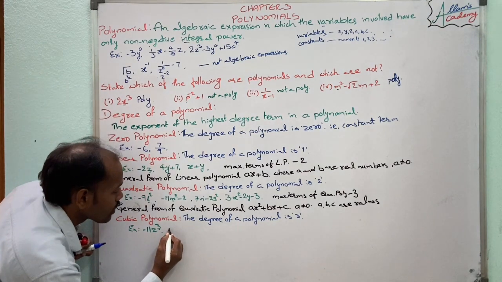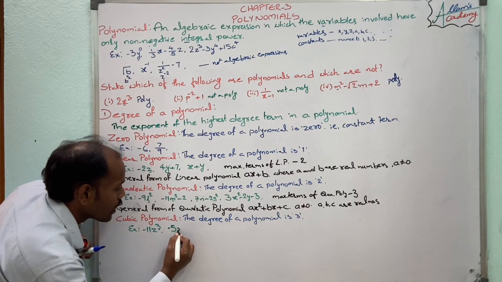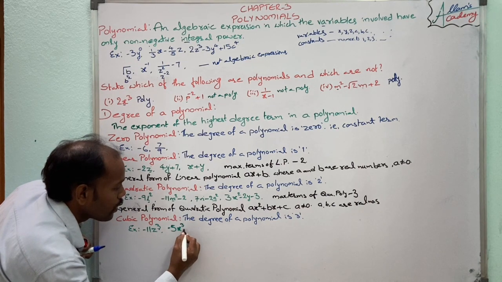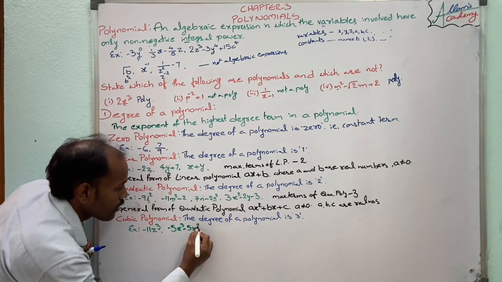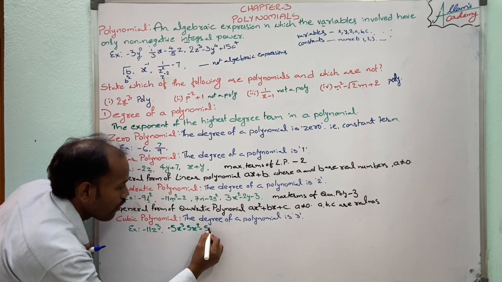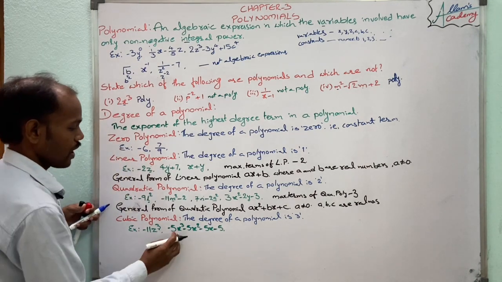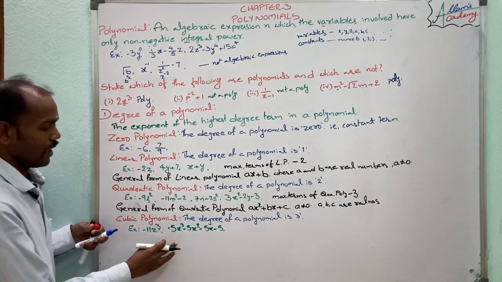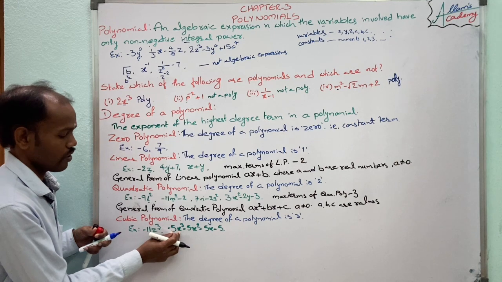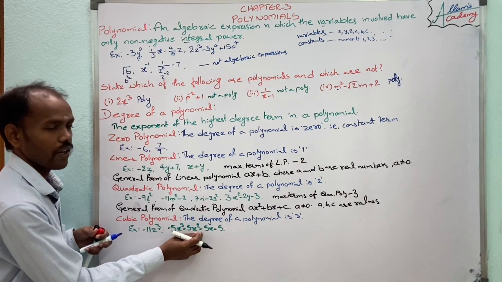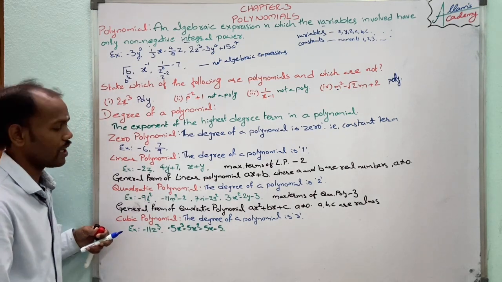Next, minus 5x cube minus 5x square minus 5x minus 5. Now here if we observe this example, there are 4 terms. The first term is minus 5x cube, the second term is minus 5x square, the third term is minus 5x, the fourth term is minus 5.